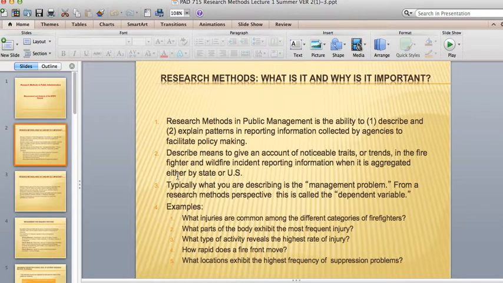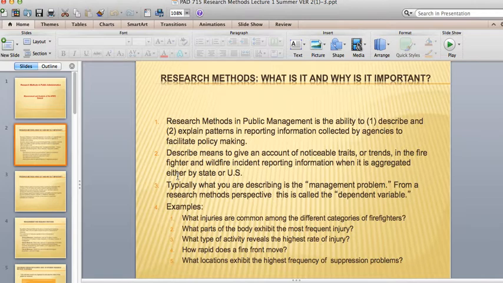That's essentially the main focus of our discussions this semester as we look at the firefighter data set and the wildfires data set as it relates to management practices, different policy approaches that perhaps may need to be done because of the trends or patterns that we identify in the reporting information that's collected.